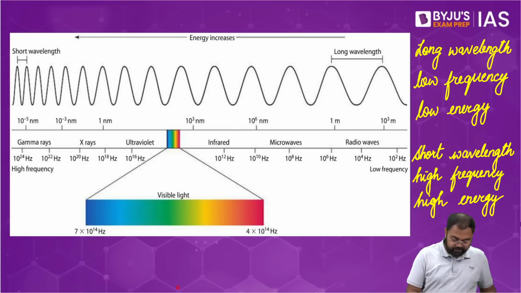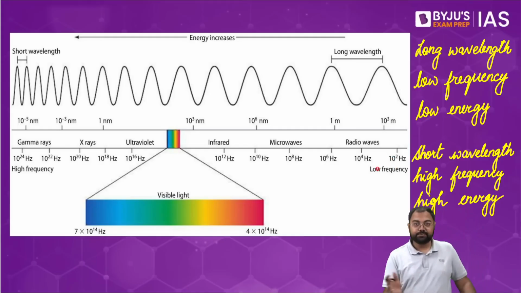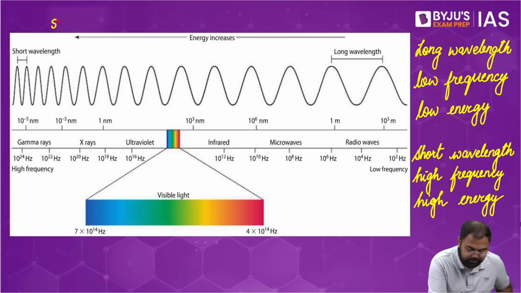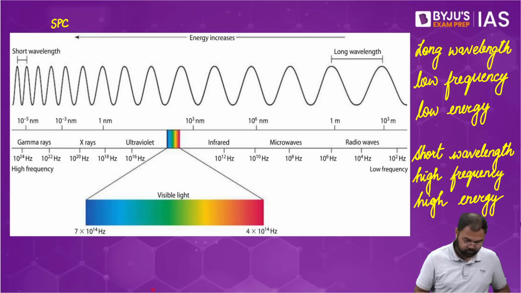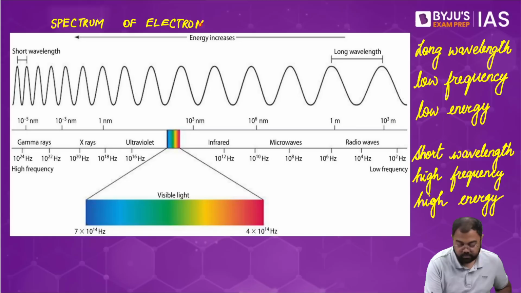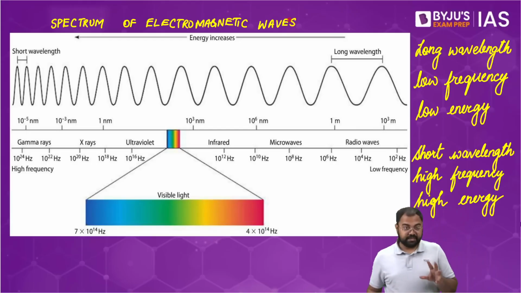What you see right here is all these different types of waves which are called electromagnetic waves, and this is called the spectrum of electromagnetic waves.